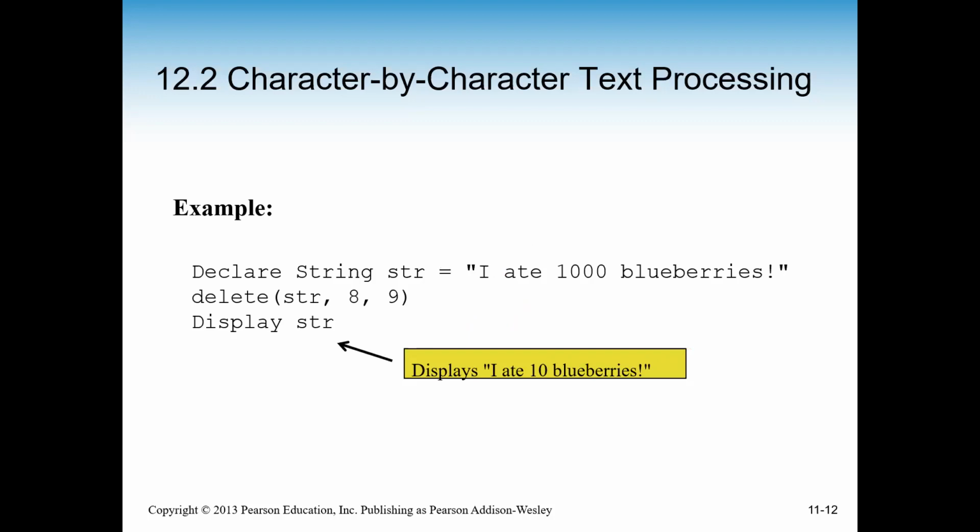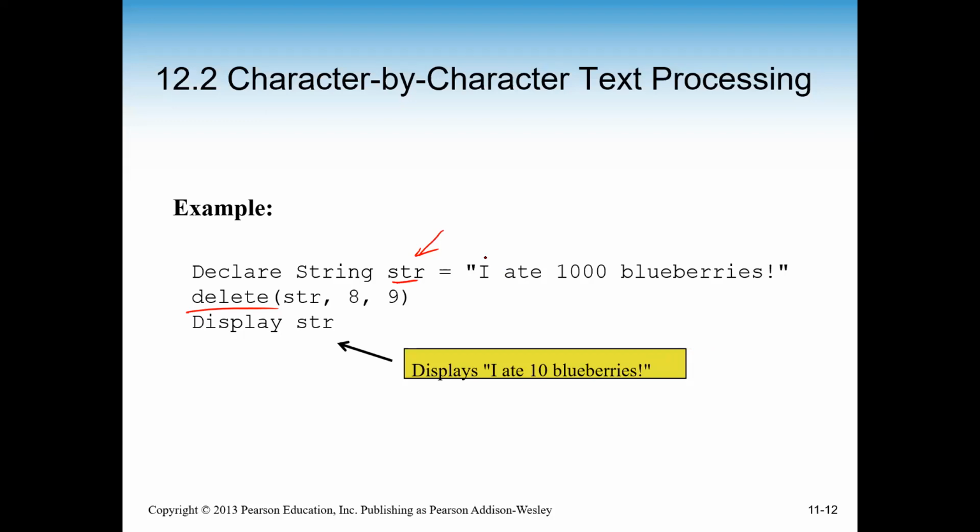Here's another example of using delete, or a type of delete. You can say, I have a string, I ate 1,000 blueberries, and then you want to replace it with 10 blueberries.